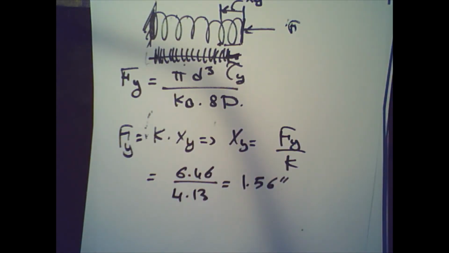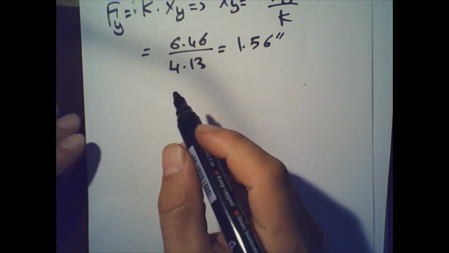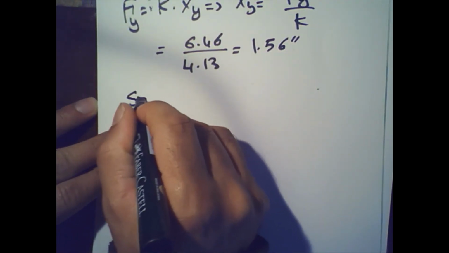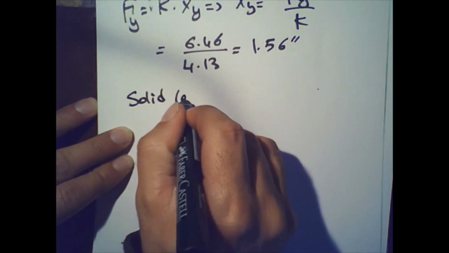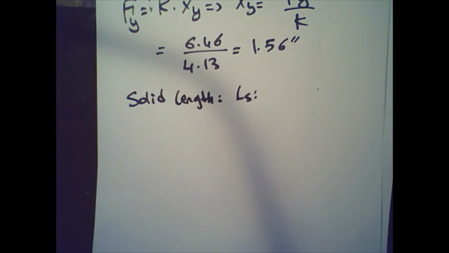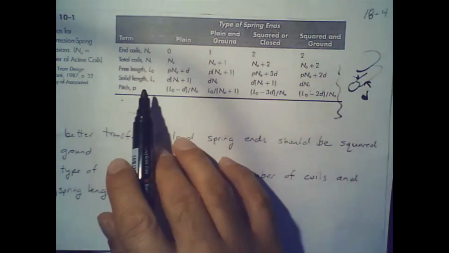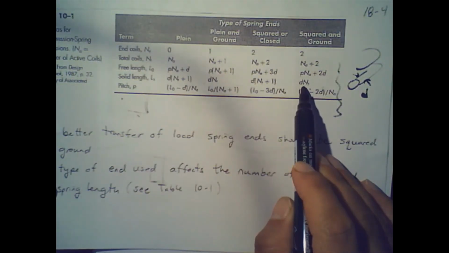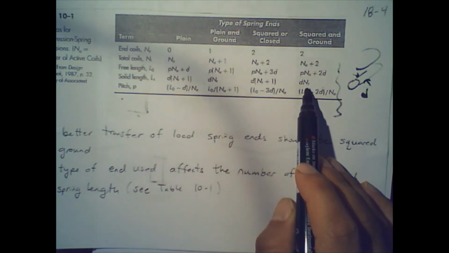Next, we would like to find the solid length of the spring. And how do you find the solid length of the spring? You have to again look up the table that we have. So the solid length, or some people call it LS, which is what they are calling it here. So LS is going to be equal to how much?